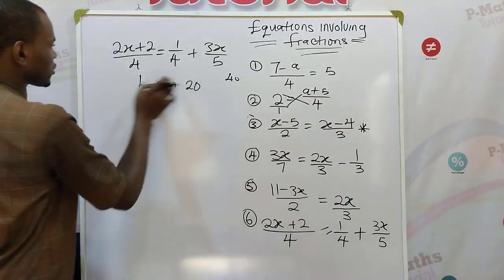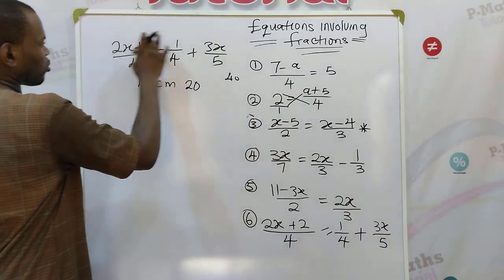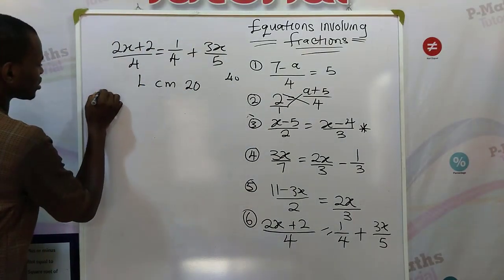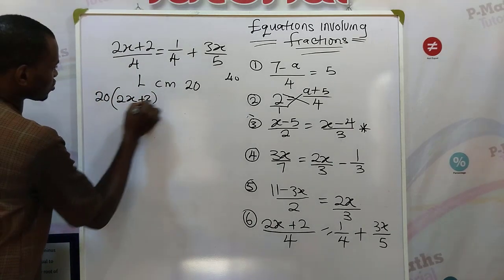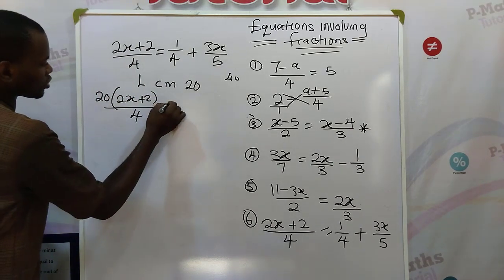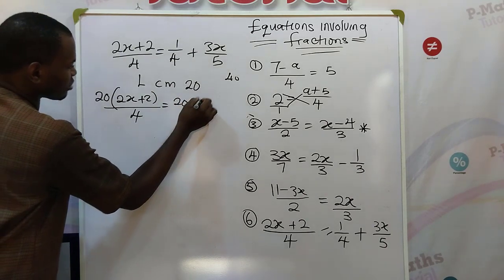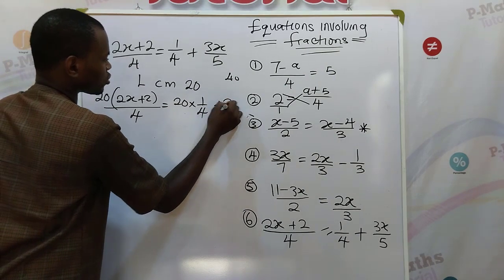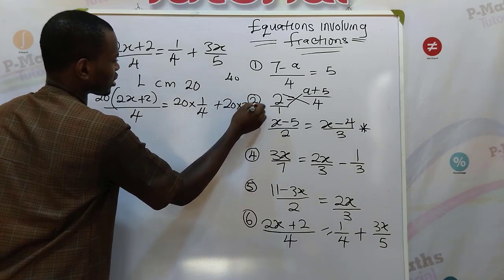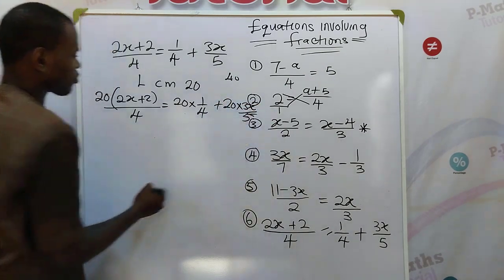So since that is 20, use 20 and multiply all the fractions. So I would say 20 times 2x plus 2 over 4 equals 20 times 1 over 4 plus here 20 times 3x over 5.